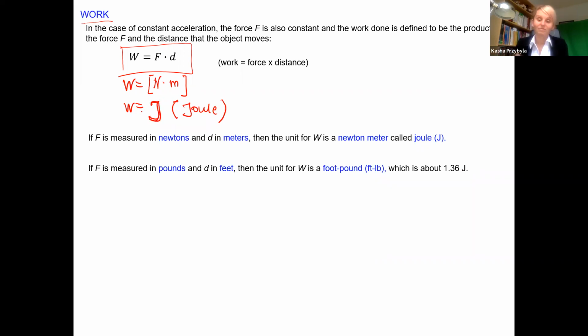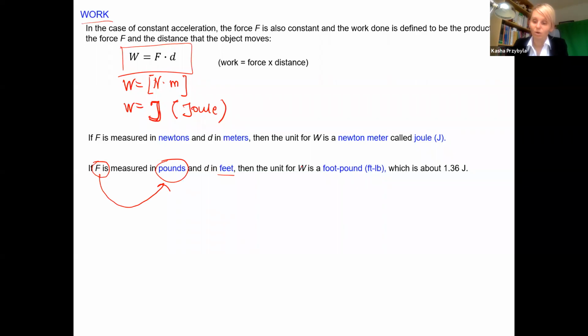Or we may have work where force is measured in pounds and distance in feet. Force here is a weight, and weight is different from mass. Mass is just mass, but weight involves acceleration, the acceleration of gravity. So force will be in pounds and distance in feet.